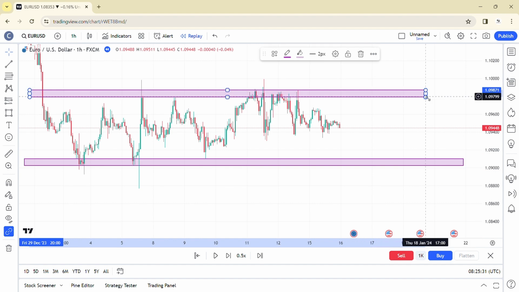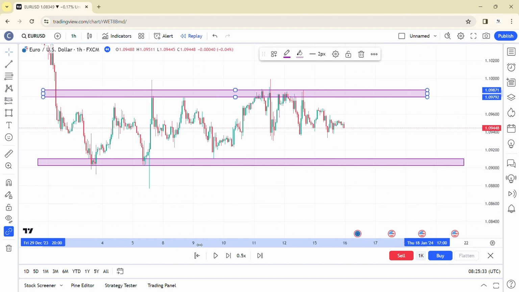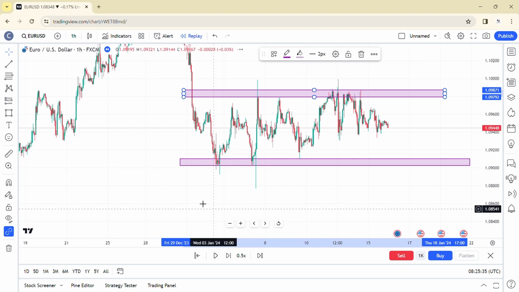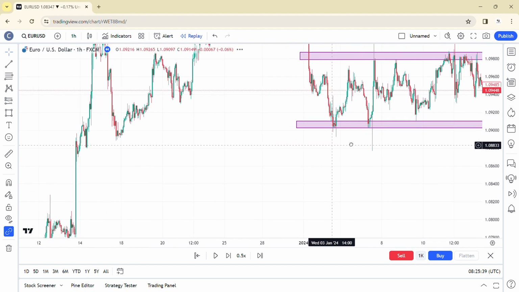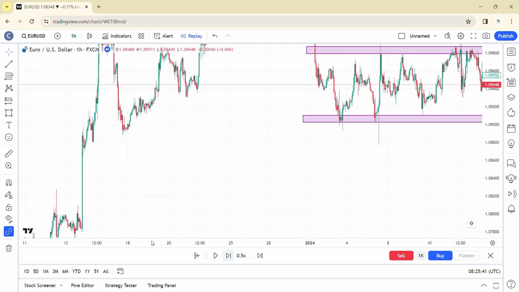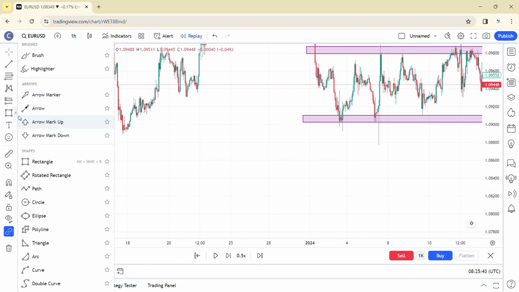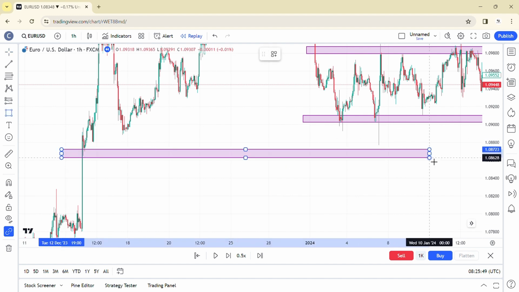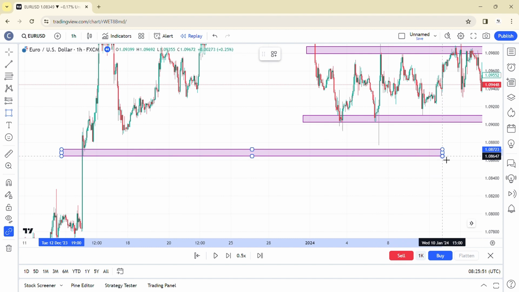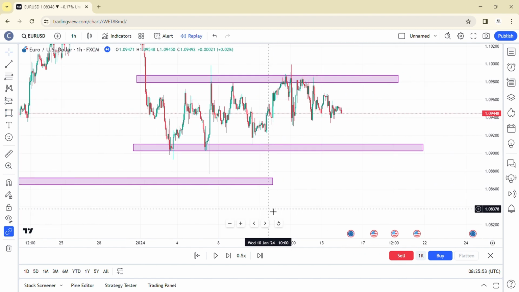We have both zones over here. It looks like we have other zones over here too. We have another support zone. We have another support zone over here. Let me mark that out also.